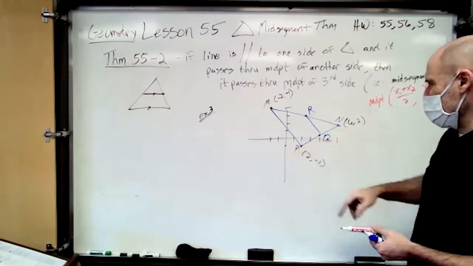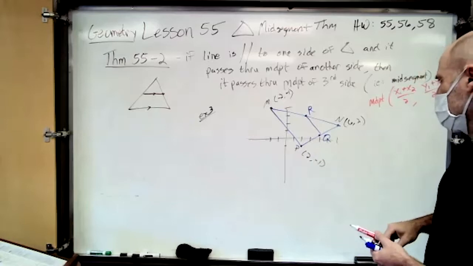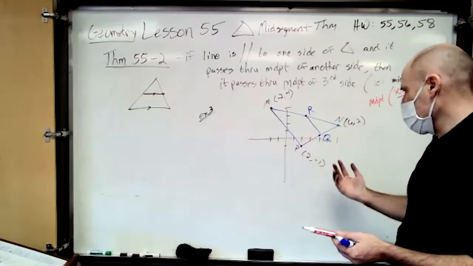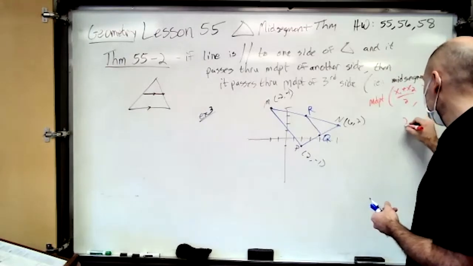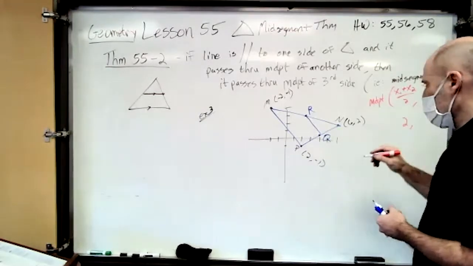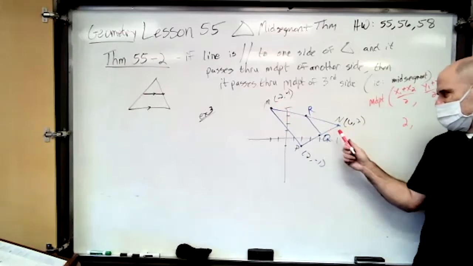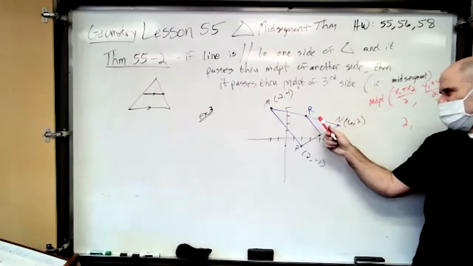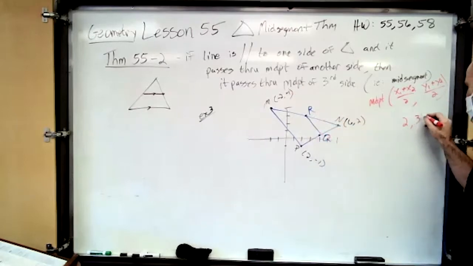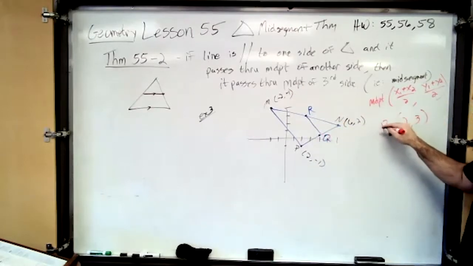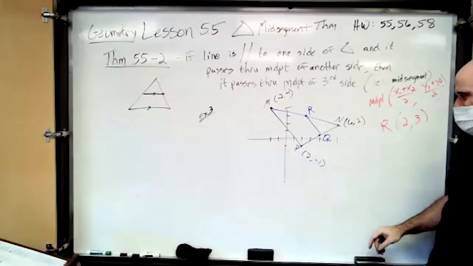Oh, yeah. 4 divided by 2, which is 2. It looks like I graphed it a little bit wrong, but that's okay. So then this is going to be 2. So this is 4. See how I got 4? -2 plus 6 is 4 divided by 2 is 2. And then 2 plus 4 is 6 divided by 2 is 3. So that R is at 2, 3.